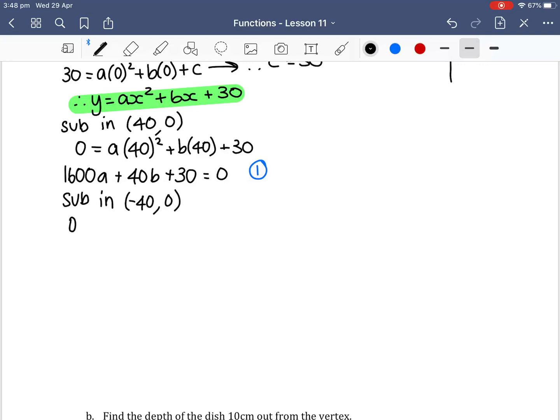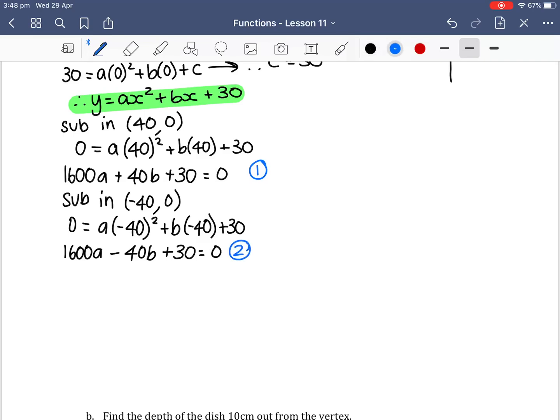So we have 0 equals a times negative 40 squared plus b times negative 40 plus 30. Let's move everything to the left-hand side of the equation. So we get 1,600a minus 40b plus 30 equals 0. And we're going to call this equation 2.